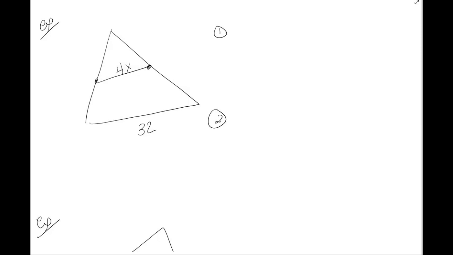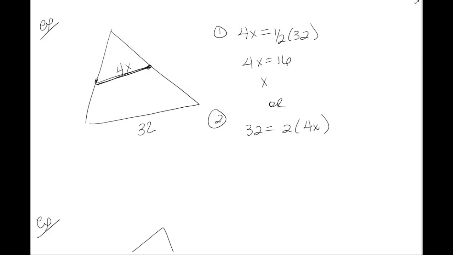So you can either say this short segment is half the big segment, so 4x is going to equal half the big segment, or you can say that the big segment is 2 times the short segment. So the first guy is half the long segment, or the long segment is 2 times the short segment. Either way, we're going to get the right answer. So 4x is going to equal 16 and x equals 4.